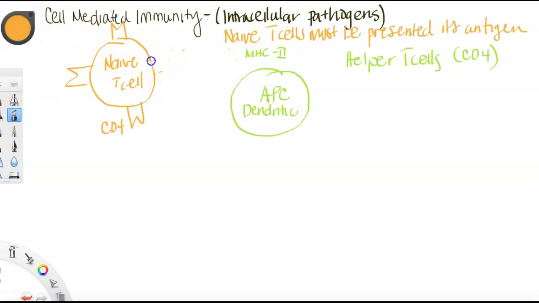Okay, so here's my little T cell receptor, and then here's my MHC2. So it will bind. Okay, so they bind together. In T cells, the binding of these T cells is not enough. Okay, the antigen presenting cell or dendritic cell will supply something called a co-stimulatory molecule.